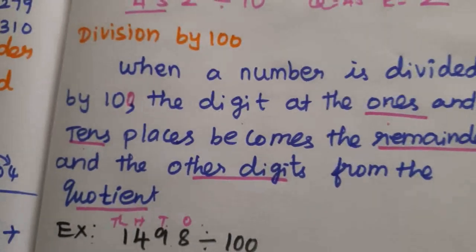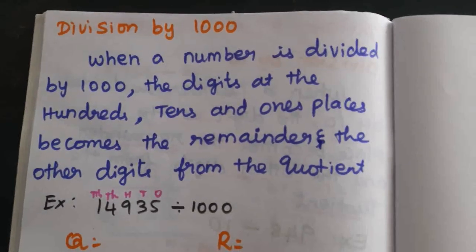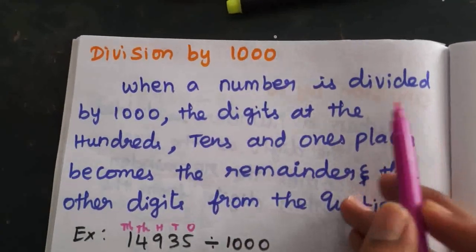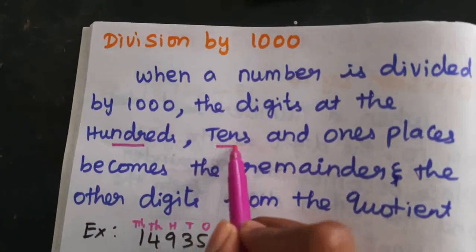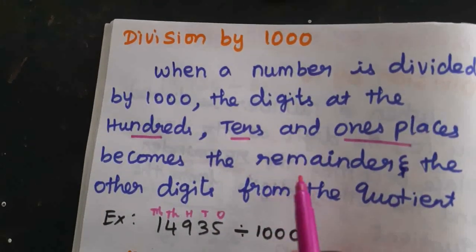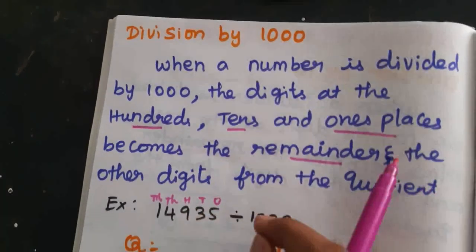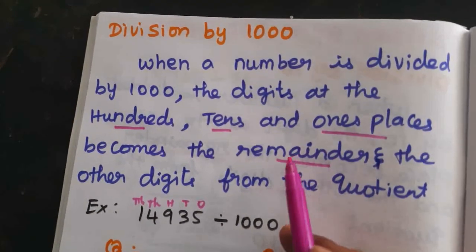Okay, now we see the next one, division by 1000. Yes, the next topic is division by 1000. When a number is divided by 1000, the digits at the hundreds, tens, ones place become the remainder. So in the previous question, division by 100, we kept the tens and ones place as the remainder.